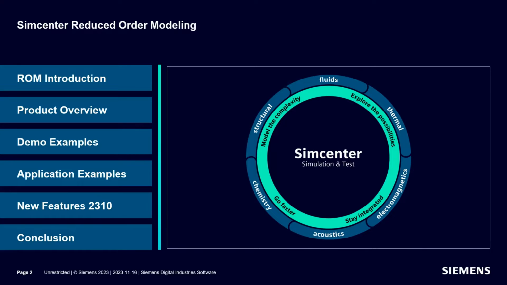This was a recent release, so 2310 has some newer features that I would like to point out, and then conclude with an overall summary of why Simcenter Reduced Order Modeling is something that could probably improve your workflow and process.